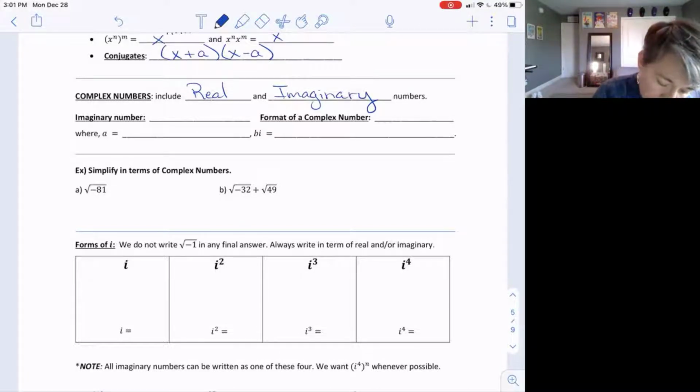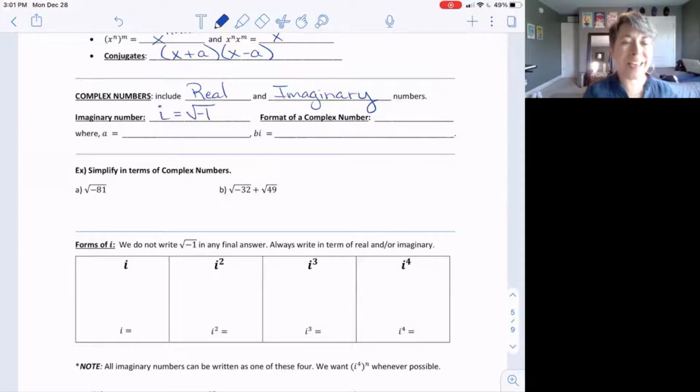We use the letter i, and that imaginary number i equals the square root of -1. Now remember, in just the real number system, that square root of -1 is undefined. So in the larger number system, the complex numbers, we've now added this new definition.